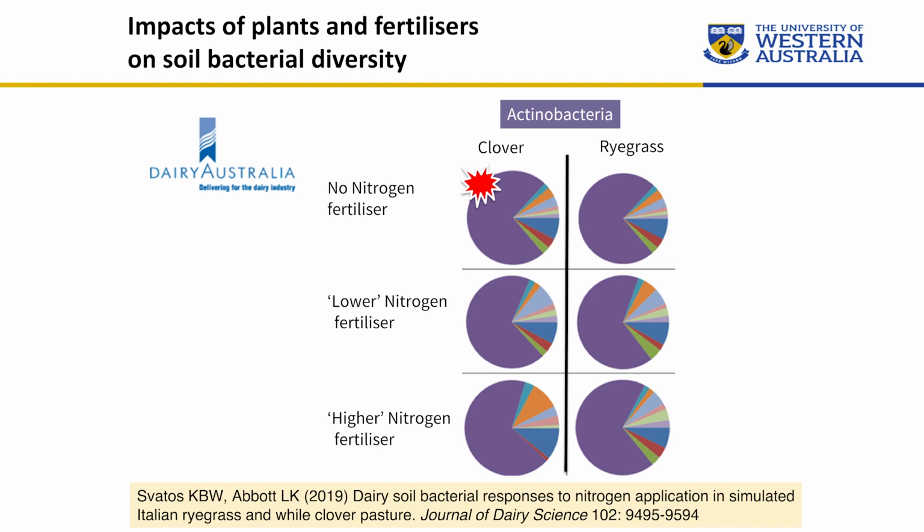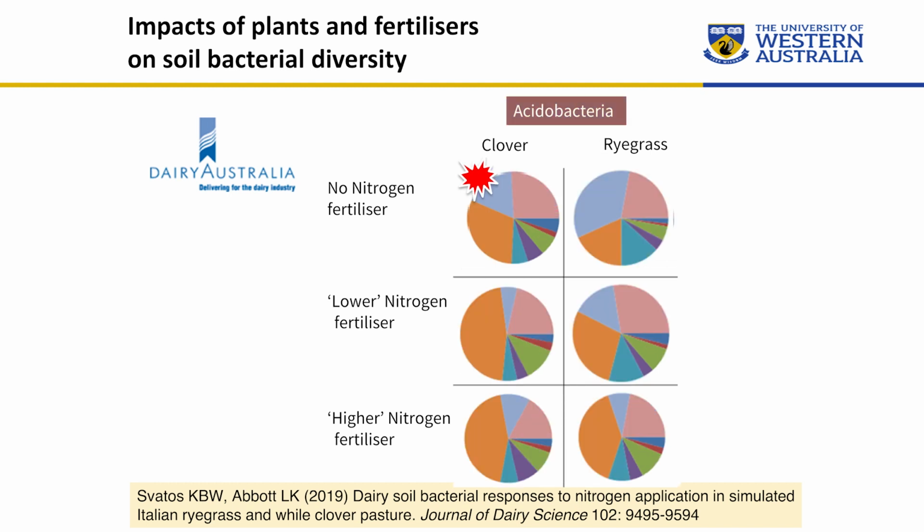But another group in the same soil, and this time if you concentrate on this bit, this group sitting in the same soil with the other one, there was a bigger effect here of the plant and of the nitrogen.